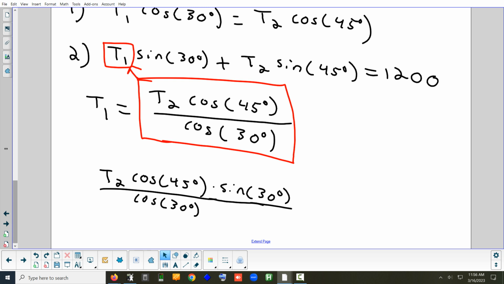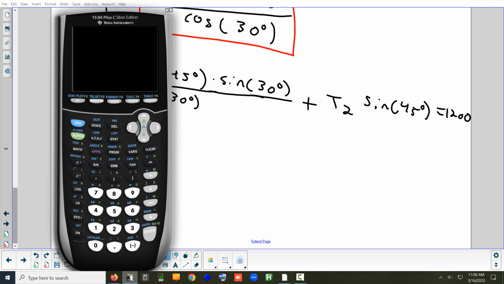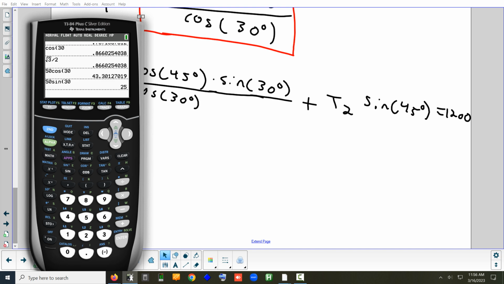Okay, so we can do that. And then keep the rest of it the same. T2 sine 45 equals 1200. So now how many different variables are in that equation? Just one. So now we should be able to solve that for the tension in cable 2.